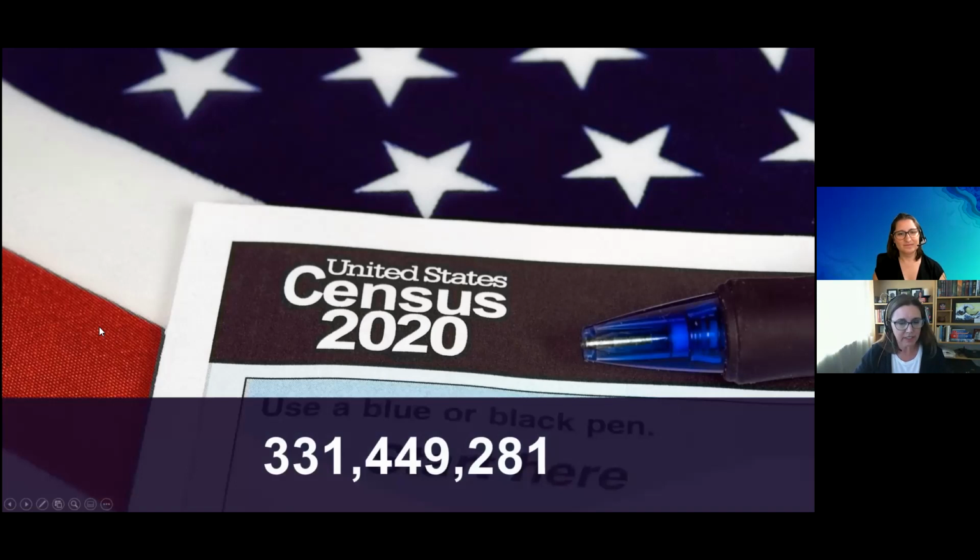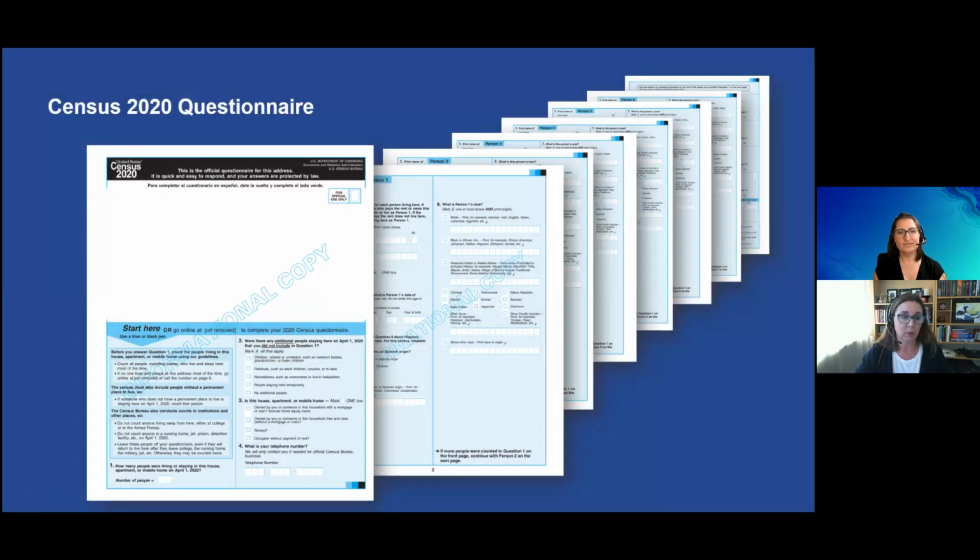So earlier this year, Census announced that the total population of the US was over 331 million. So where did that number come from? You'll remember in the spring of 2020, there was a lot of encouragement and messaging around participating in the census and filling out your form, whether that was online or on paper.